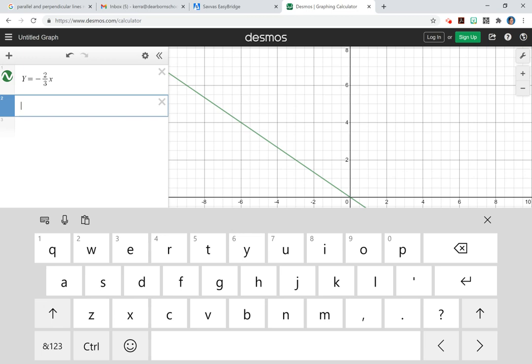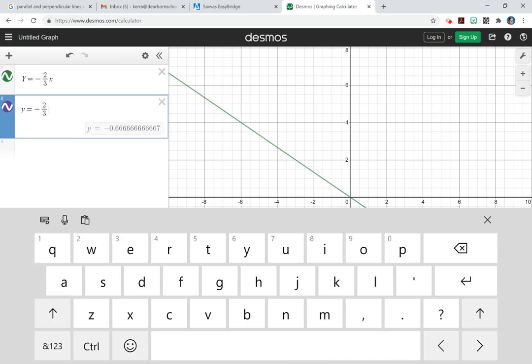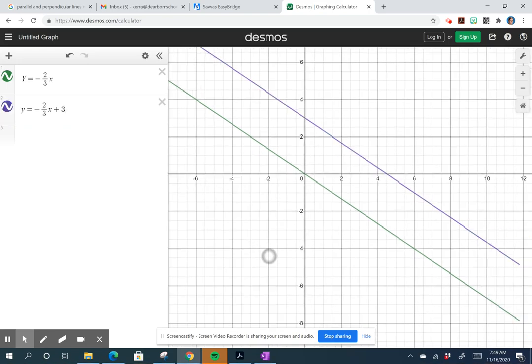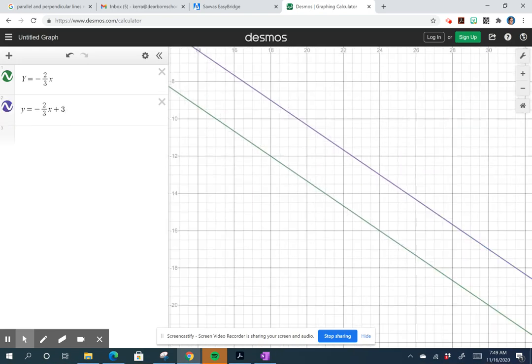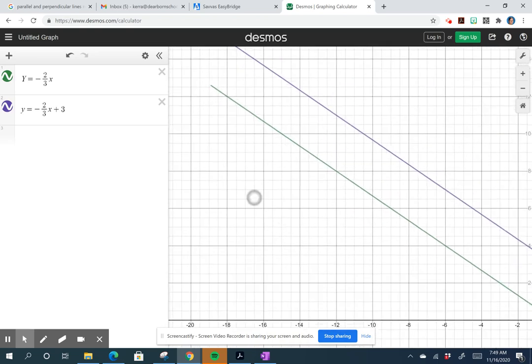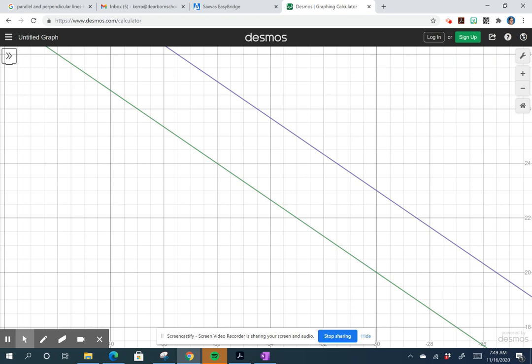And then we got y equals, once again, negative 2/3 x plus 3. So no matter where we go on our graph, the purple and green line will be the same distance and they will never intersect. So that's how we know that they are parallel lines.